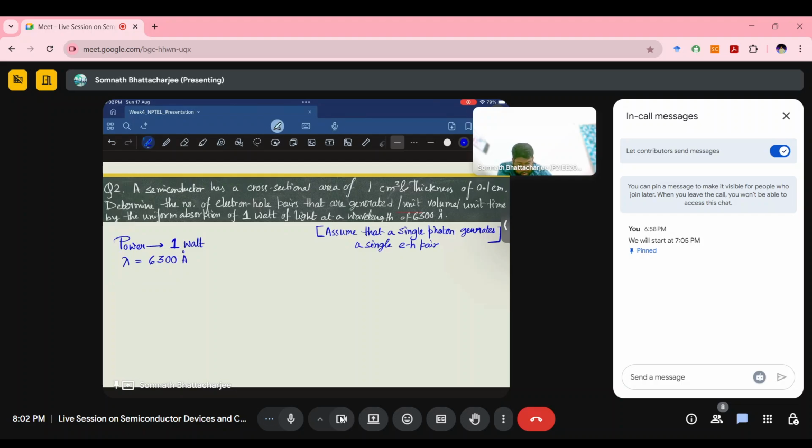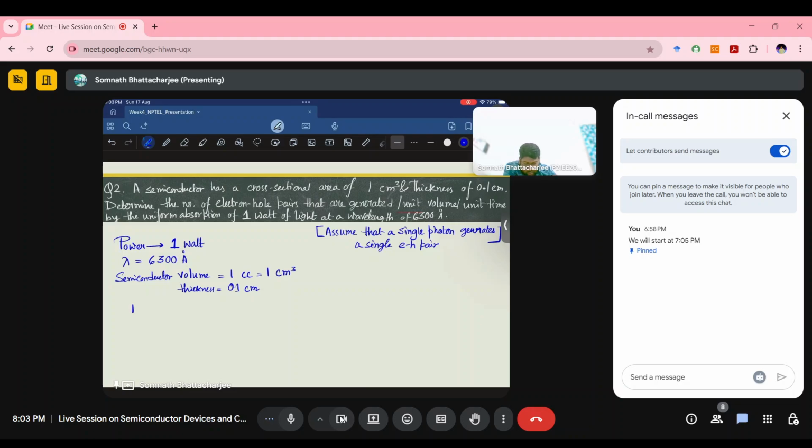Okay, and the semiconductor volume is given as 1 cc, 1 centimeter cube, and the semiconductor thickness is 0.1 centimeter. So these are the given values.